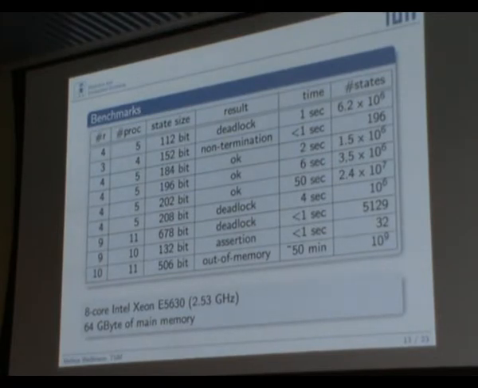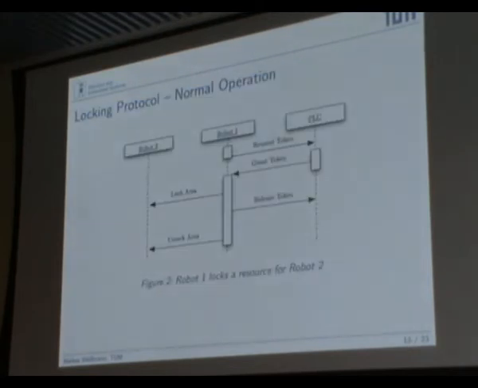And one of the deadlocks that we found was a systematic one that was actually in the standard library of the robots. To understand that, the normal locking procedure works like this. You have robot 1 and it requests a token from the PLC. This is like if you have a circle of kids, and you have a ball, and only the kid that has the ball is allowed to talk. And this is the token that you get from the PLC.